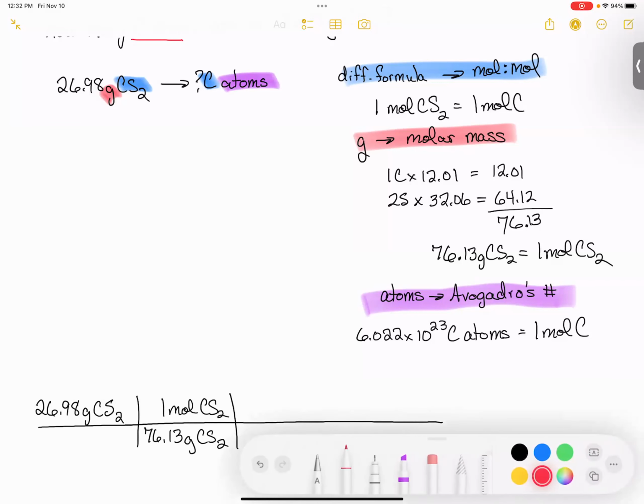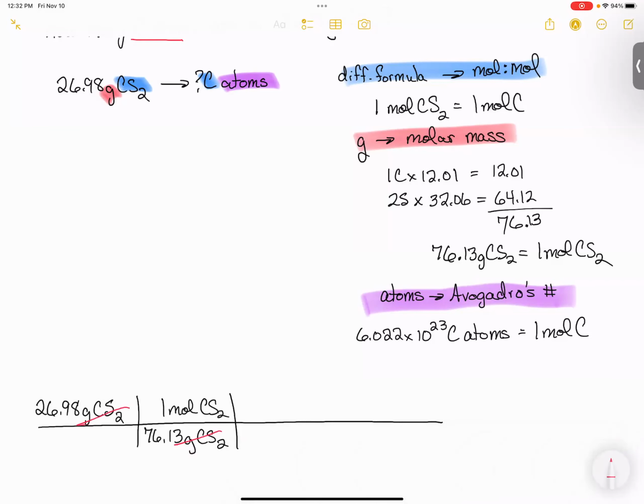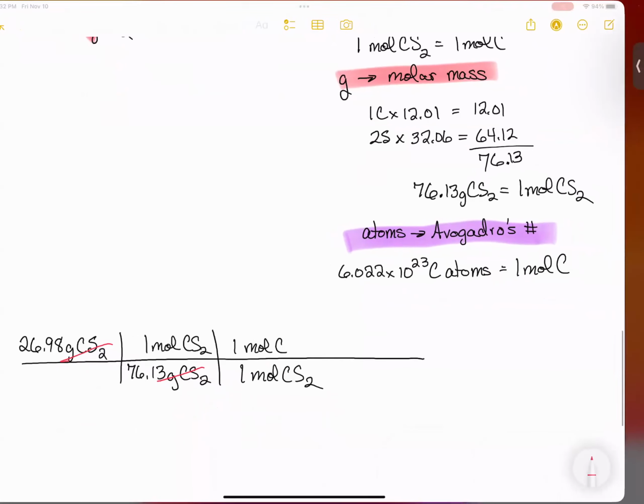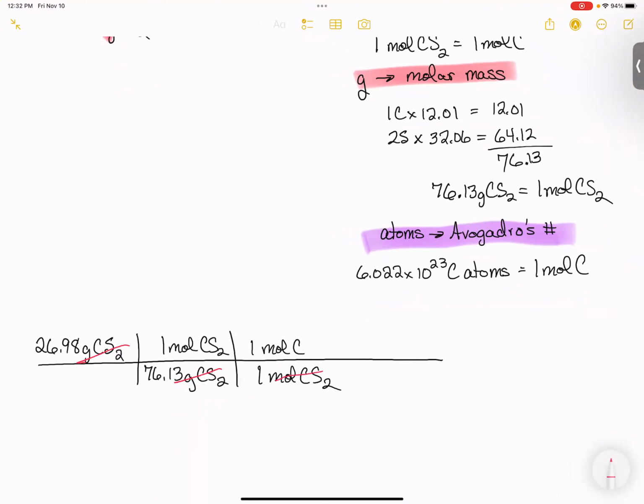The carbon disulfide cancels out and I'm left with moles of carbon disulfide. Now I can use the mole to mole ratio from the formula. For every 1 mole of carbon disulfide, there is 1 mole of carbon. The carbon disulfide went into the denominator so that the unit and substance cancels out, leaving moles of carbon.